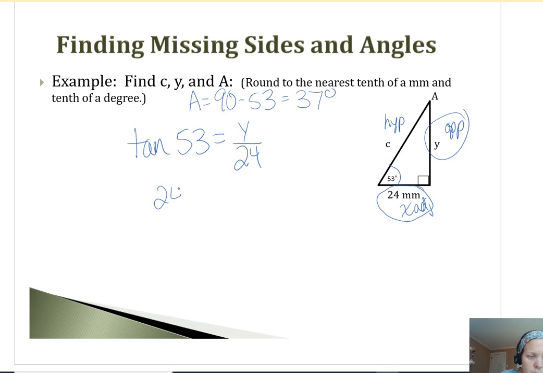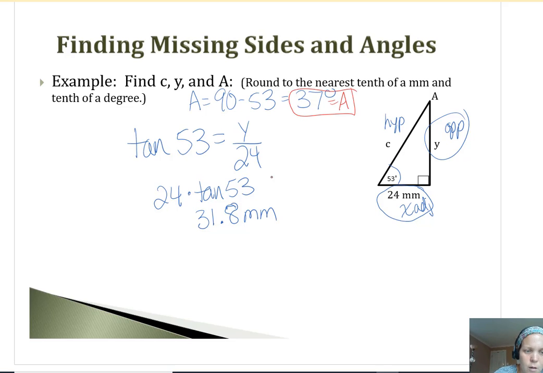I'm going to take the side I know times my trig part: 24 times tan 53 is 31.85. It's to the tenth of a millimeter though, so it's a little closer to 8: 31.8 millimeters. Okay, so now I've got A.